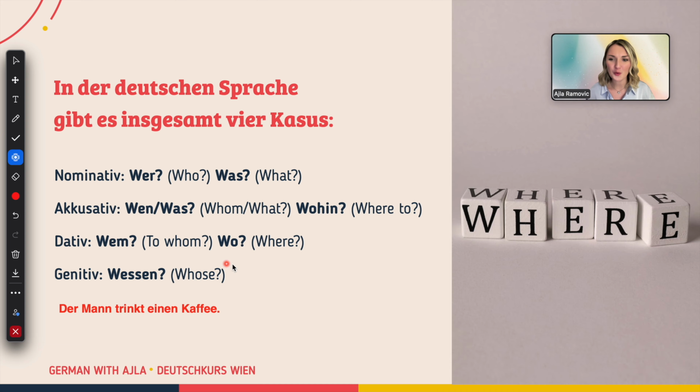And the last one is genitive, answering the question wessen, whose. In another video, we will talk about the difference between accusative and dative because they are also pretty similar. But for now, let's just focus on accusative.